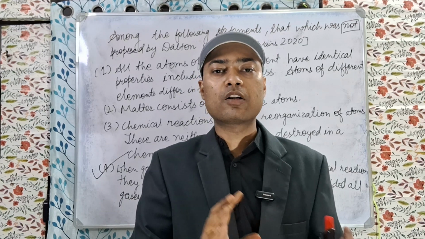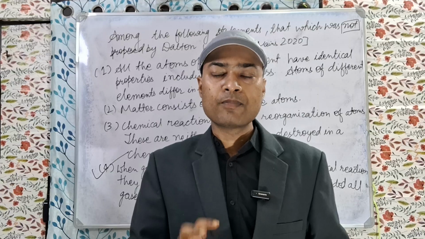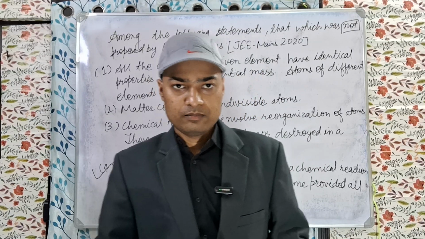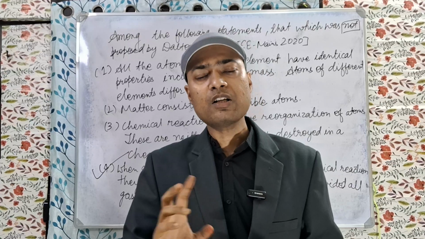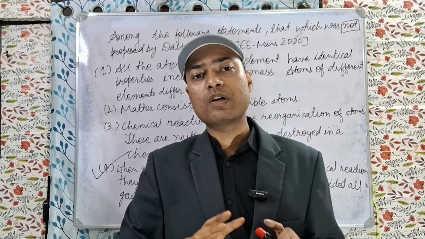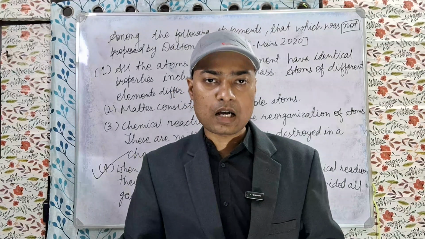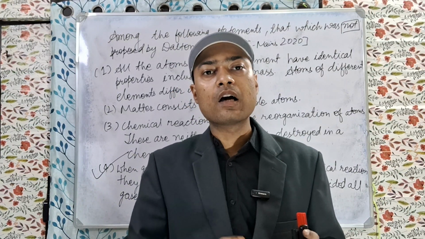Then we had studied law of definite proportion. It says that irrespective of the source, okay, a compound always contains elements in fixed ratio by mass. Then we had law of multiple proportion. What does it say? That the mass of reactant which reacts with fixed mass of other reactant is in simple whole number ratio. Then we had what?